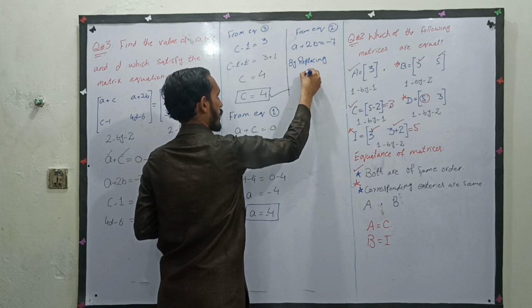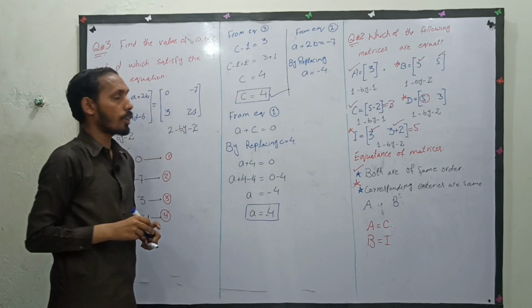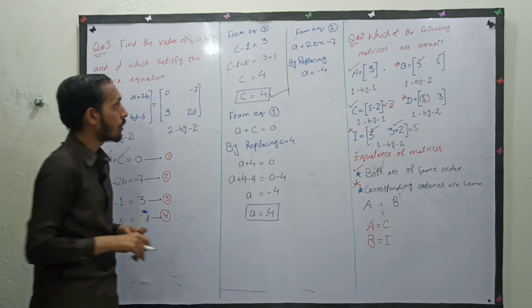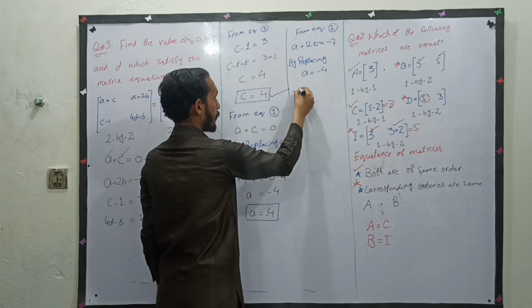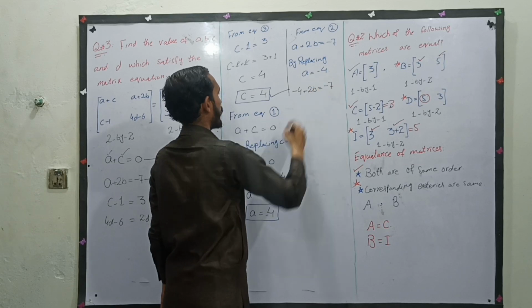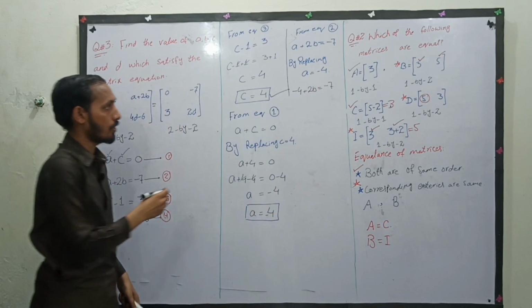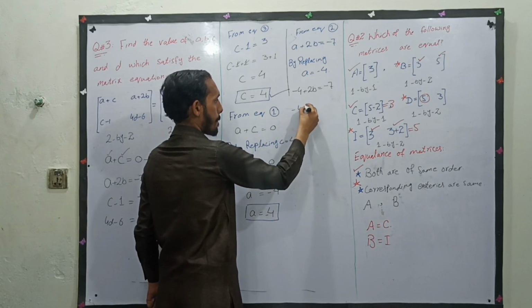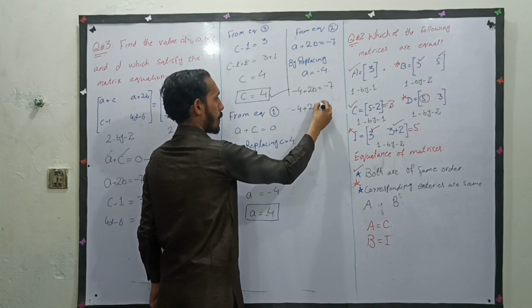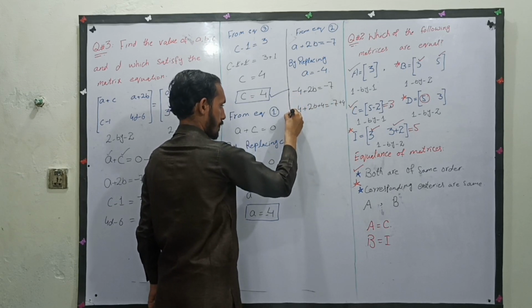By replacing a is equal to minus 4, जब a की वैल्यू minus 4 रिप्लेस करेंगे हम तो हमारे पास रहेगा minus 4 plus 2b is equal to minus 7. Now if we add 4 in both sides of the equation, we have minus 4 plus 2b plus 4 is equal to minus 7 plus 4.